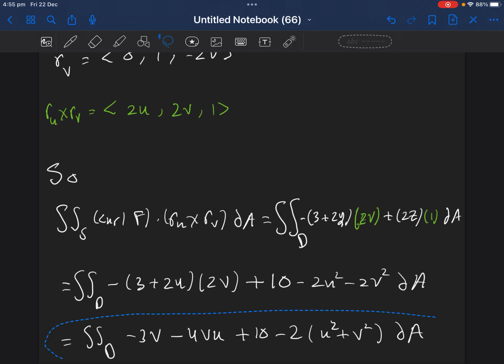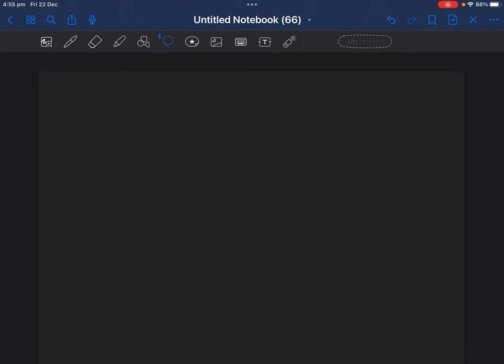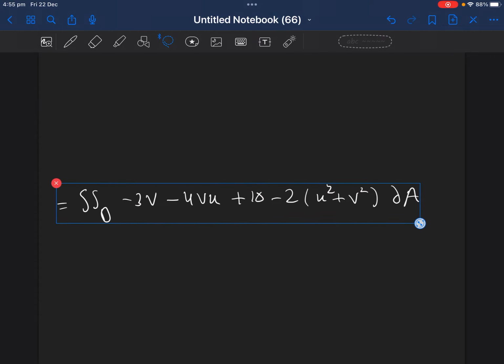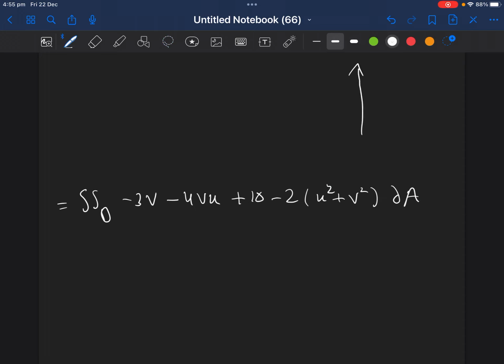Now we need to find this integral, so we need to find the region between u and v. Now if we just see what is the region. If we look at u and v, we will find out that it will be like this.